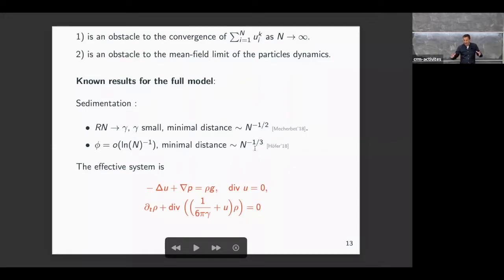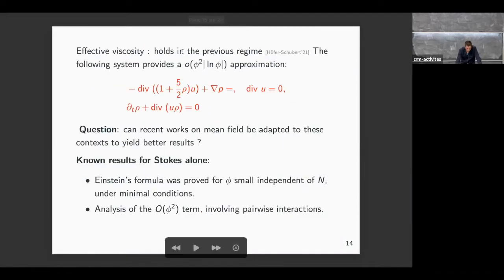And then you have to restrict even more your assumption on the initial distance between the particles: you assume that they are at distance n^(-1/3) from one another. In this kind of context, you can use some mean field methods and derive this coupled system, which is a coupling between the Stokes solution U and the density rho. And then you can study this system on its own. I won't discuss that.